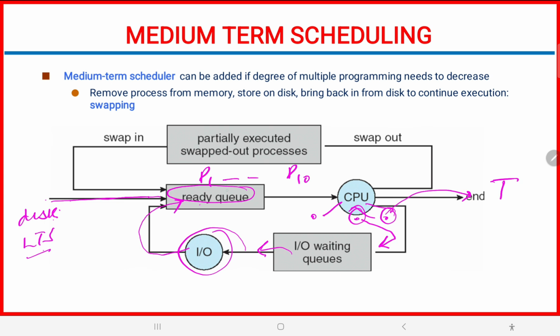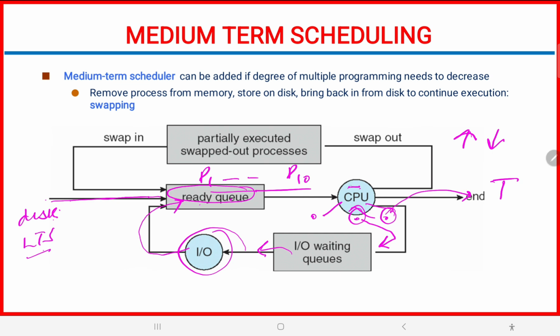But let's suppose in this scenario the number of processes actively in contention for the CPU was quite high, because of which the system's performance was degrading. So once they were executing, they are now not brought into the ready queue, because we want to reduce the degree of multiprogramming so that we can save the system from degradation.